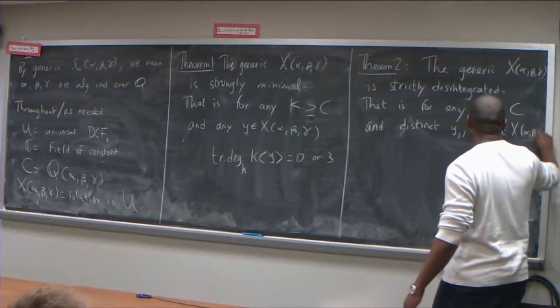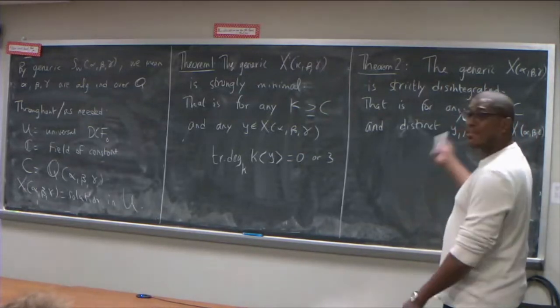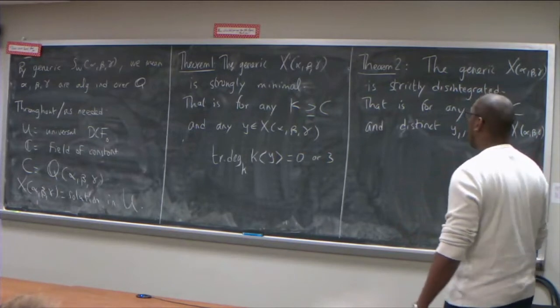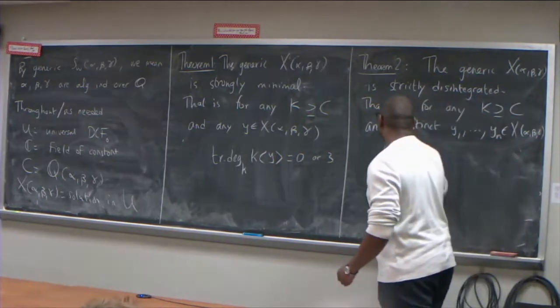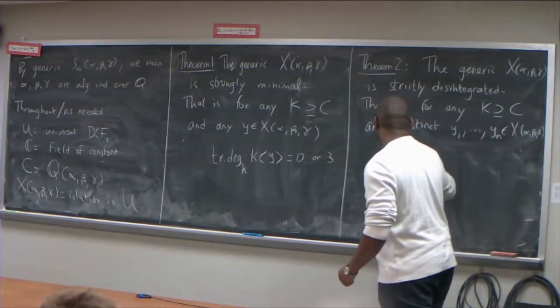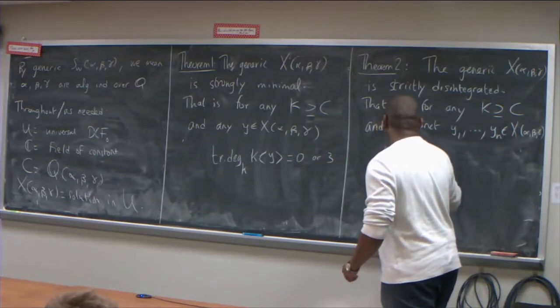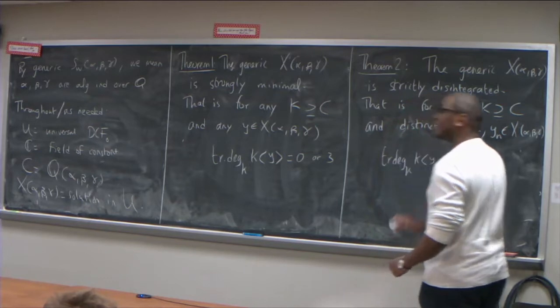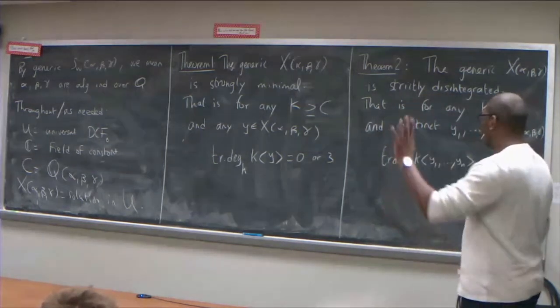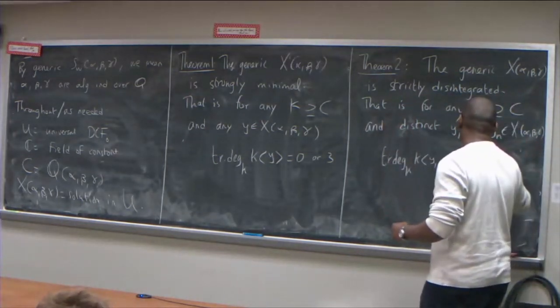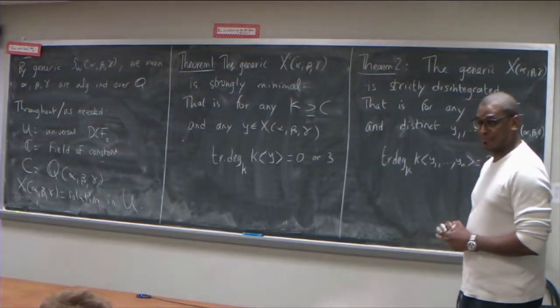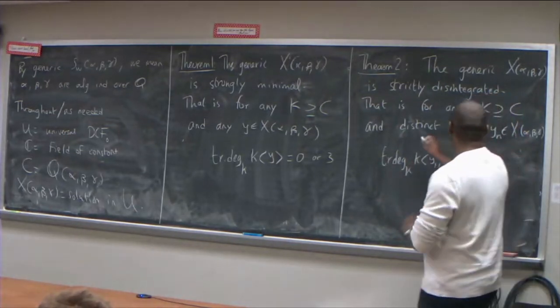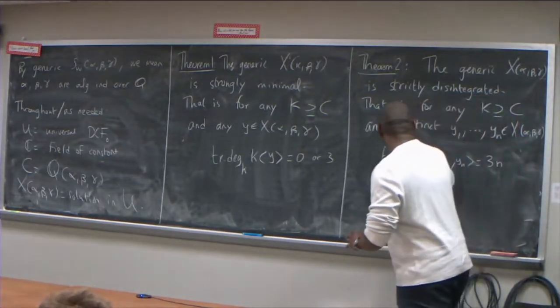So this time, if I take n distinct solutions, and I look at the transcendence degree over K of the differential field generated by the n distinct solutions, you get that it's 3n. And here I must say distinct generic.